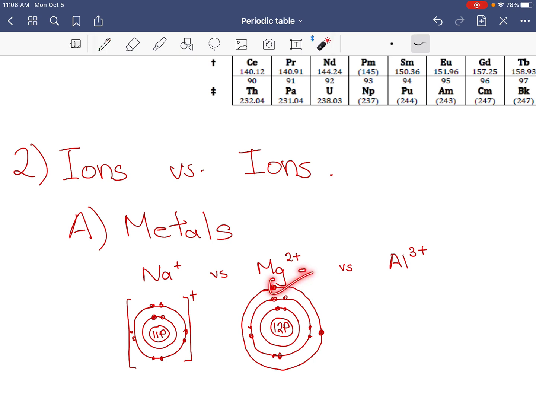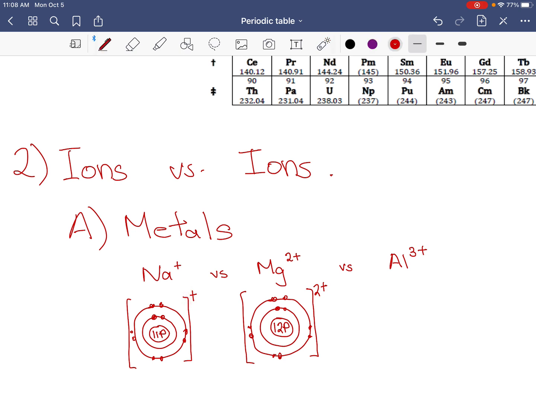I'll get rid of both of these electrons, of course, so that it looks like neon. There you go. Now it's an ion. Since it lost 2 electrons to become this ion, it makes sense that it's a 2 plus. Now notice that I did not write 1 plus for sodium. It's really not necessary.